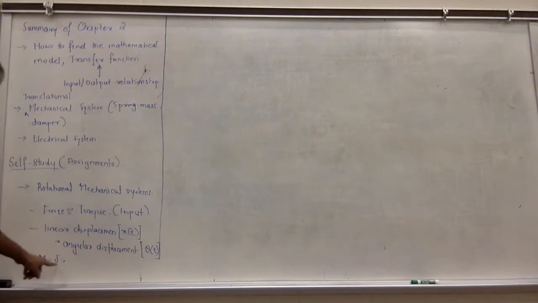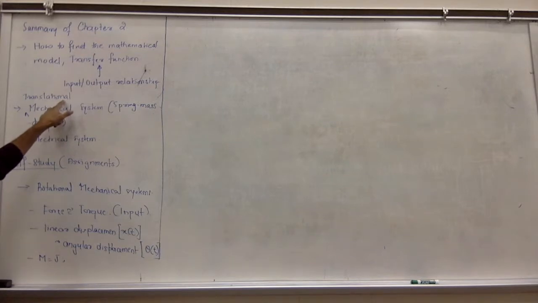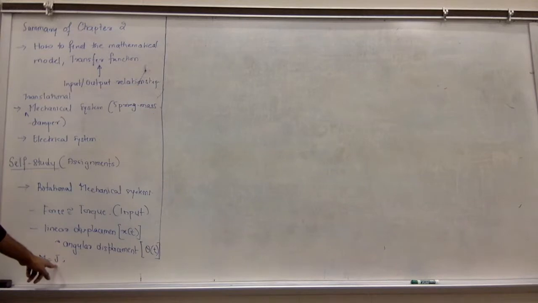Okay? So what is moment of inertia? How do you describe moment of inertia? You said moment of inertia is equal to what? What's that J stand for? J is moment of inertia. So if you're dealing with mass for mechanical translation system, when you're dealing with rotational systems, you'll have to deal with J, which is moment of inertia.